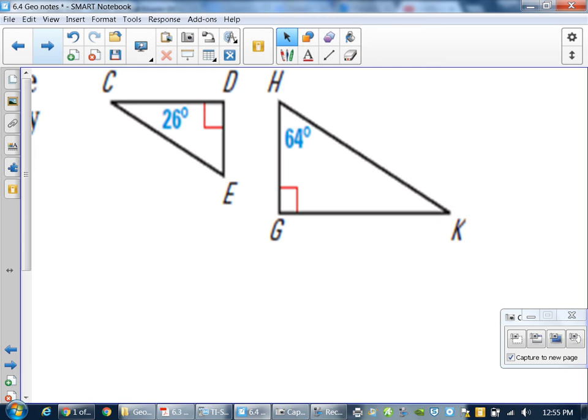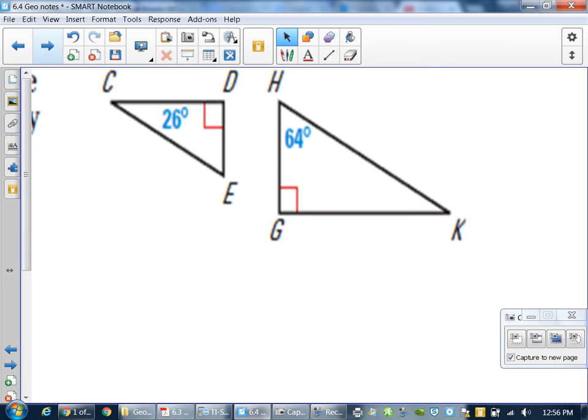So we have those 2 triangles. Let's determine whether or not they are similar, and if so, what's the similarity statement that we can write out? Now this is just taking into consideration a couple of things that you should remember.